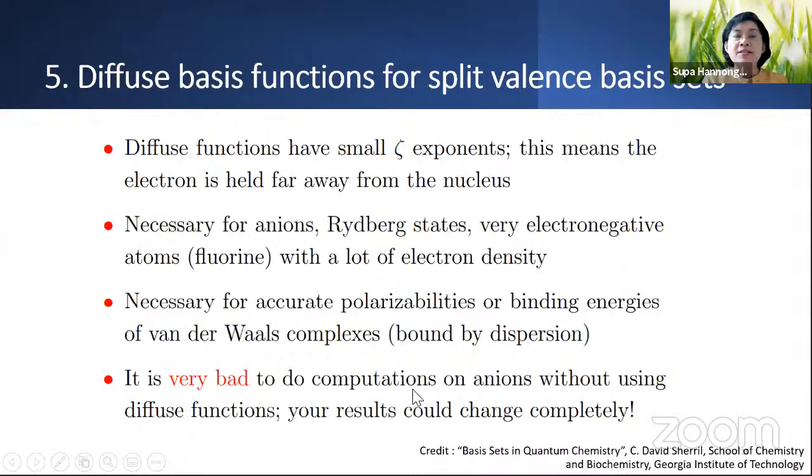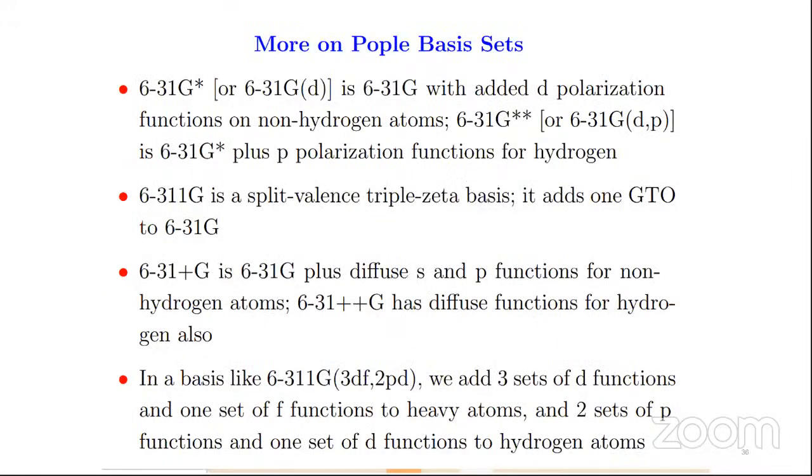So it is very bad to do computation on anions without using diffuse functions. Your result could change completely. That means if you work with an anion, you need to put the diffuse basis function in the basis set. You need it. This is the advantage of diffuse functions.